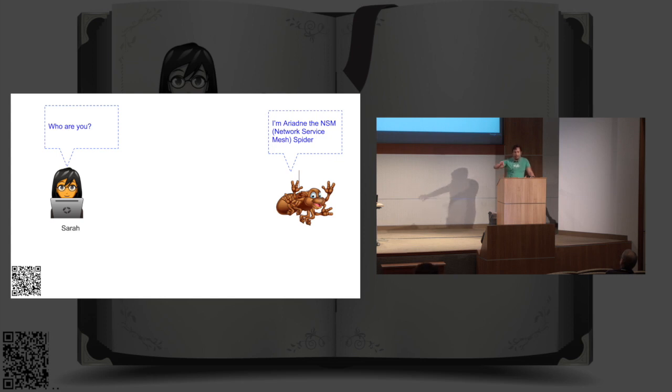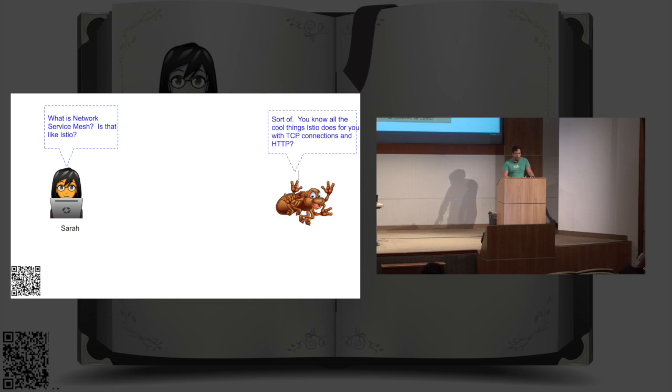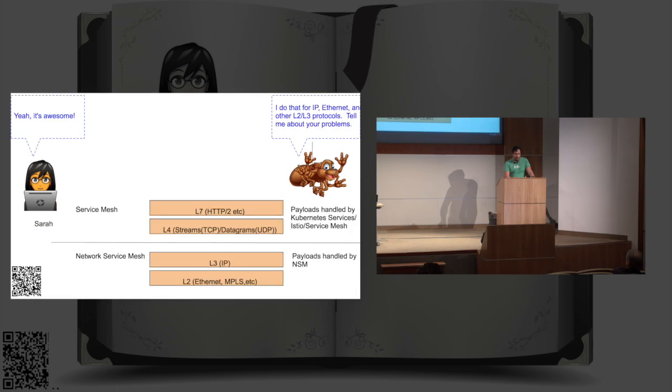Istio is layer 4 through layer 7, and it will manage network connections, specifically TCP streams for you. We're trying to do that, but instead of L4 and L7 that you would typically see in your standard service mesh, we're going to apply those concepts to L2 and L3 to get you things like VPN, or maybe you need Ethernet or MPLS or access to some hardware.